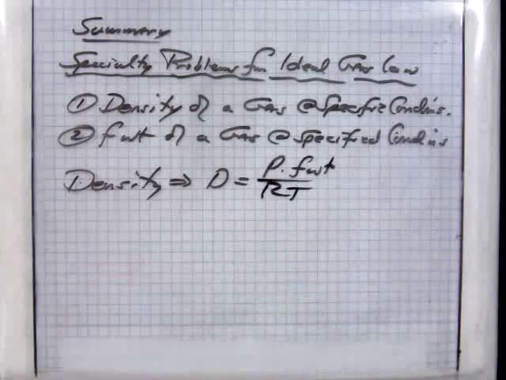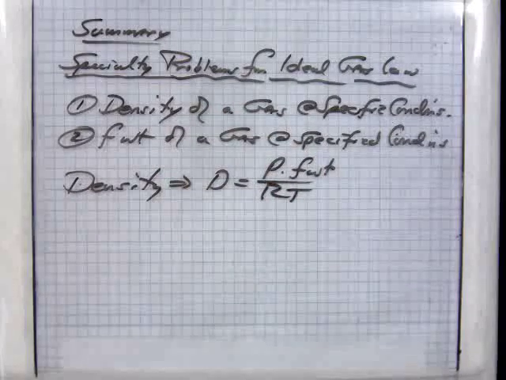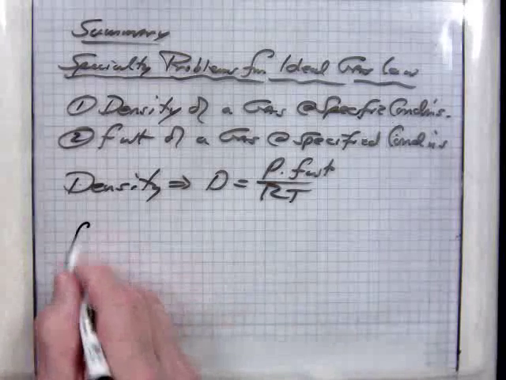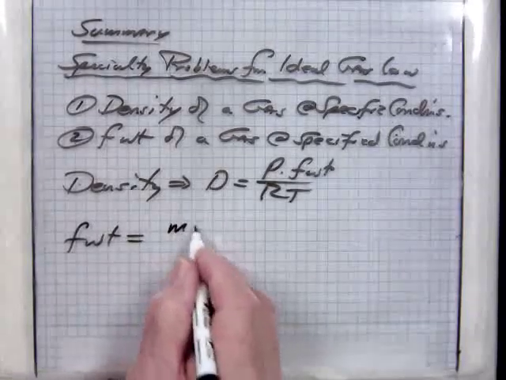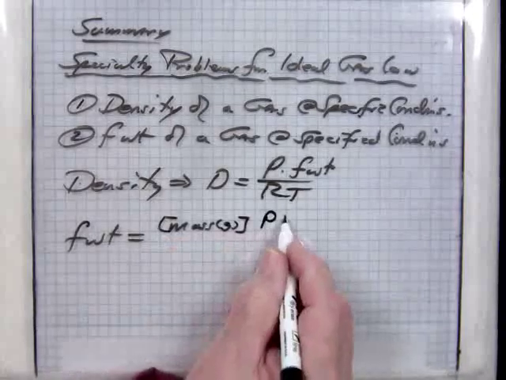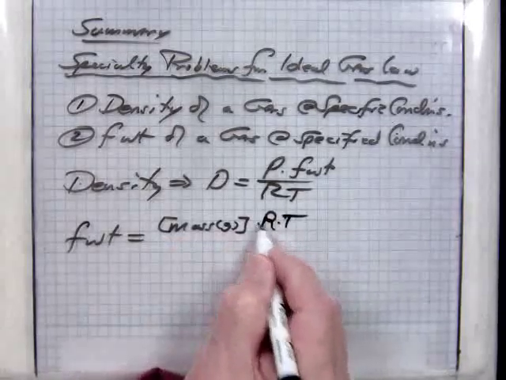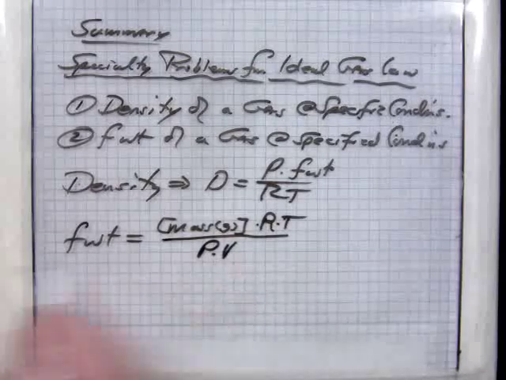Okay. Now the derivation of the equation, of course, surrounds n equals mass over formula weight. You substitute that into the n portion of the ideal gas law, and then the formula weight is mass in grams, RT in Kelvin, of course, divided by pressure times volume.